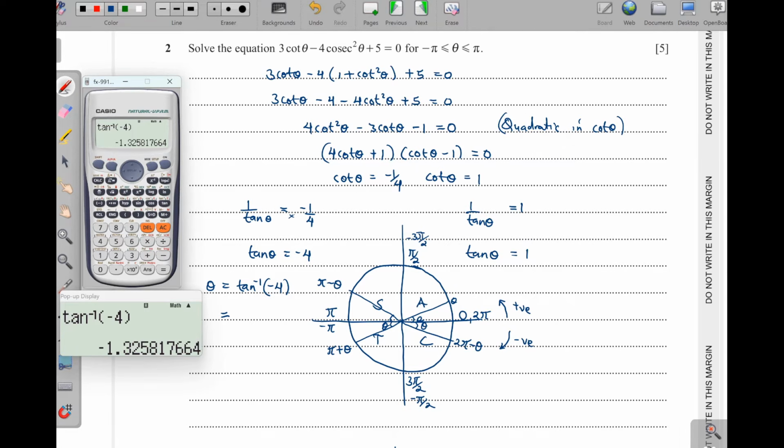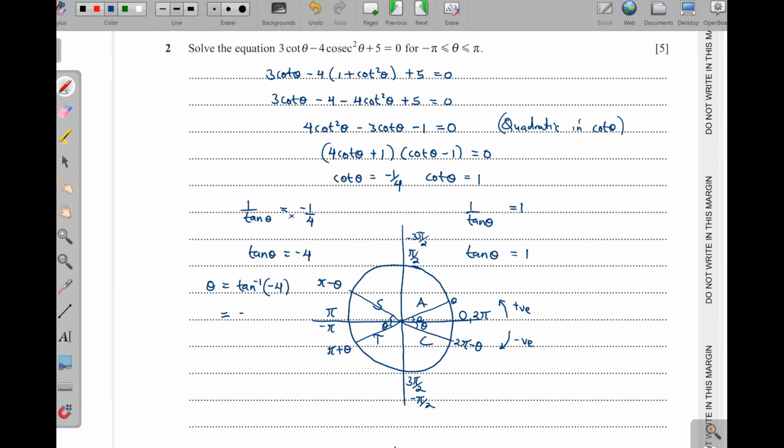This one is giving us negative 1.32582. So I'll take this first one, negative 1.33. That is to 3 significant figures. The other answer is going to be when I move like this here, okay?